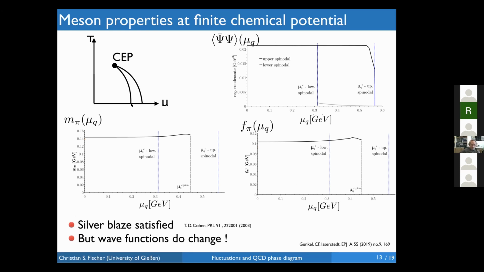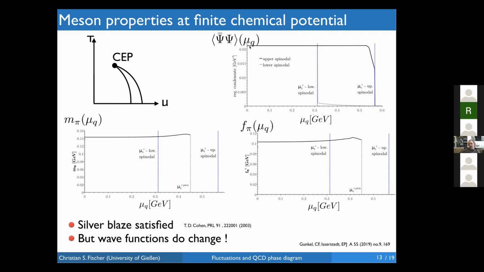And what you should get, this is very well known, is the Silver Blaze property of QCD. Namely, you should not be able to see any changes in observables along this line. And this is precisely what we find. What we show here is the quark chemical potential evaluated at non-vanishing chemical potential and zero temperature.